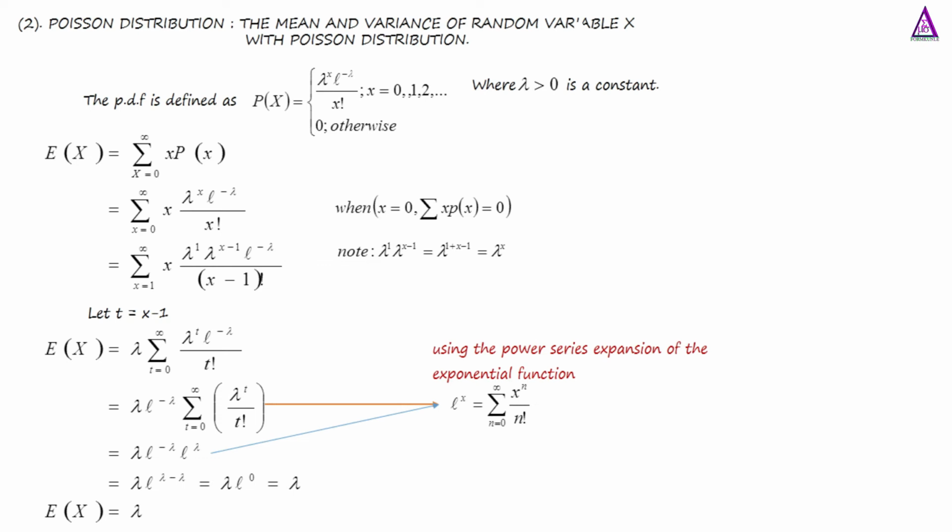Now let t equal to x minus 1. Put t in every place we have x minus 1 and factorize lambda out. Using the power series expansion of the exponential function, this part gives us this. So the expected value of the Poisson distribution is lambda.